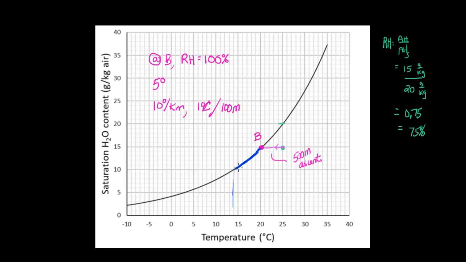We can't get to the left of it because we can't be oversaturated, and we can't get to the right of it because we're continuously cooling. So instead, we just sort of ride this saturation curve all the way to the summit, which is reached right here at point C. Remember we said the temperature is 14 degrees C. We cooled an additional 6 degrees as we rose that extra kilometer between B and C, and at point C we reach the summit.